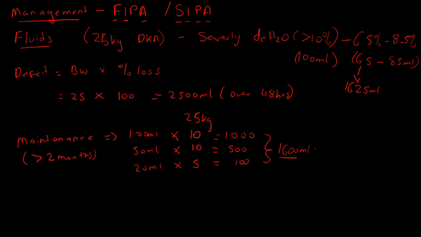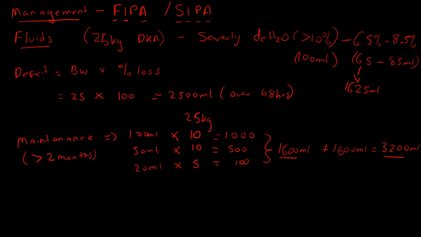So you can either leave it like this in 24 hours because we're going to reduce the aliquots eventually, or you can add another 1,600 to this such that you can now calculate this over 48 hours. So 1,600 plus another 1,600, you're going to be getting a total of about 3,200. So over 48 hours, this person must receive 3,200 of maintenance fluid.